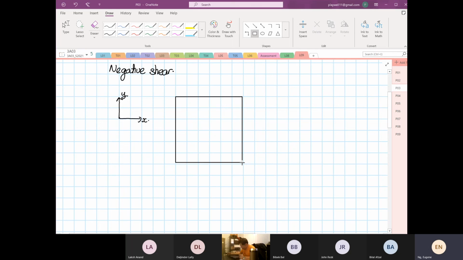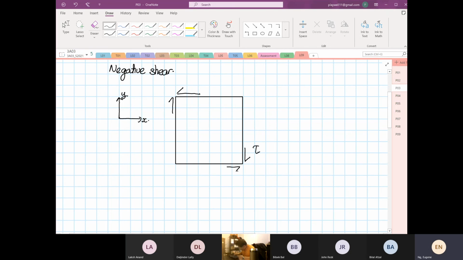This is your element again. So negative shear, it goes this way. So this arrow is shear.